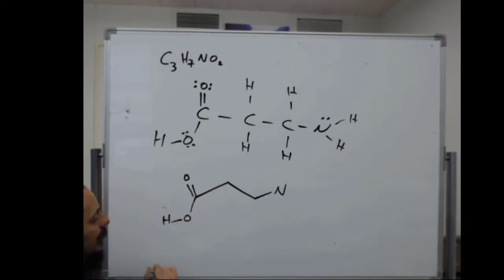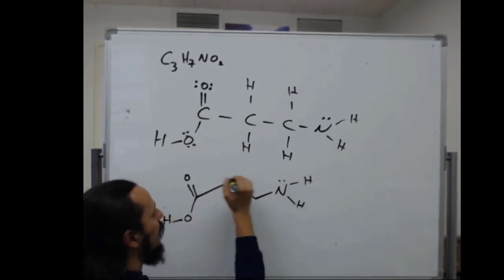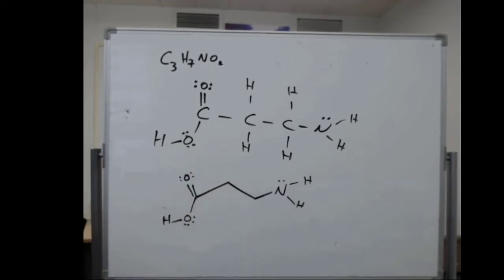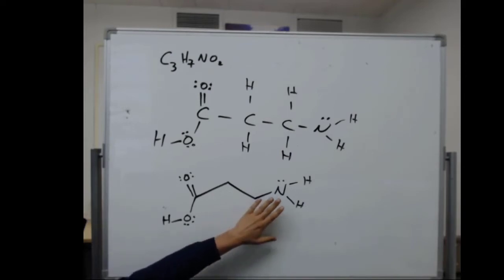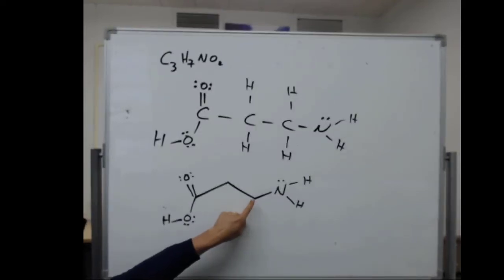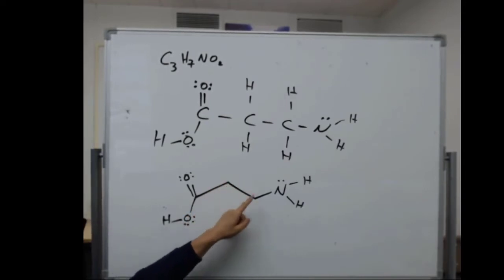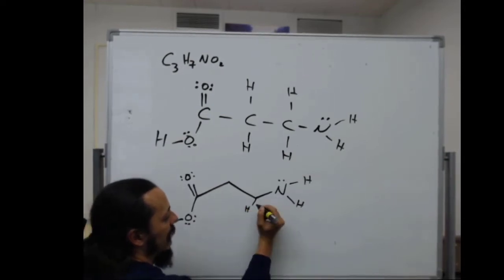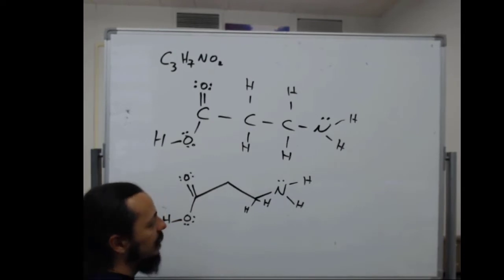Off of this carbon, I want to do a double bond to oxygen and a single bond to an oxygen hydrogen. And I still, in Gen Chem, like to put the explicit lone pairs. So any place where there's not an element written, those are assumed carbons, and it's also assumed that every carbon has enough hydrogens to give it the patterns that we recognize.